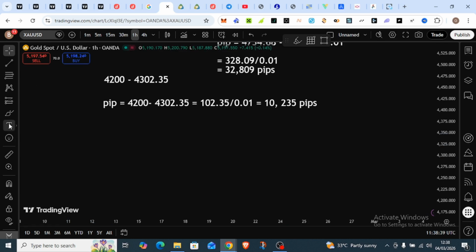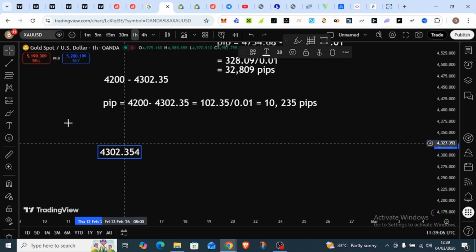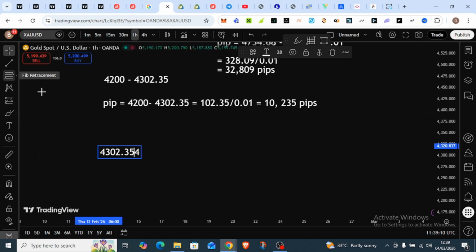Remember that some brokers can quote gold with 3 decimal places. Example, we can have 4,302.354, and the third decimal place here becomes the pipette.